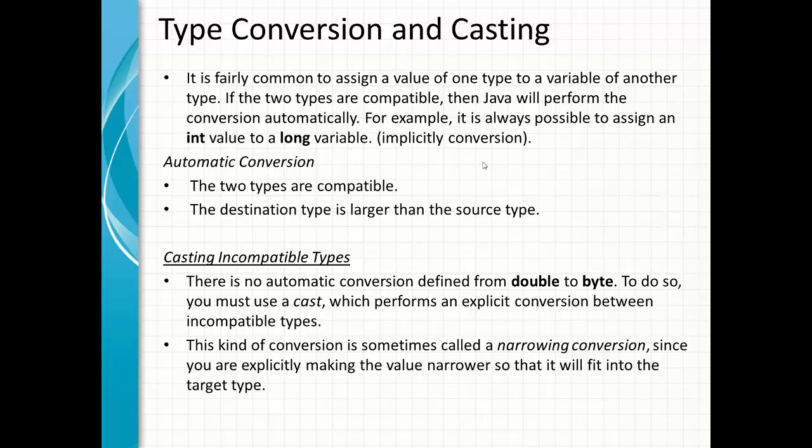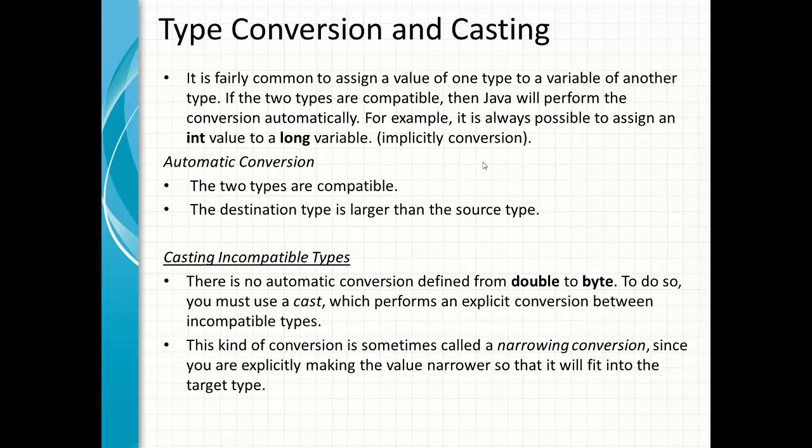I hope you remember that we can assign any byte or short to int, or we can even assign int to byte or short, as long as we are not going over the range. Java will perform the conversion automatically as long as we are in that range and everything is good.